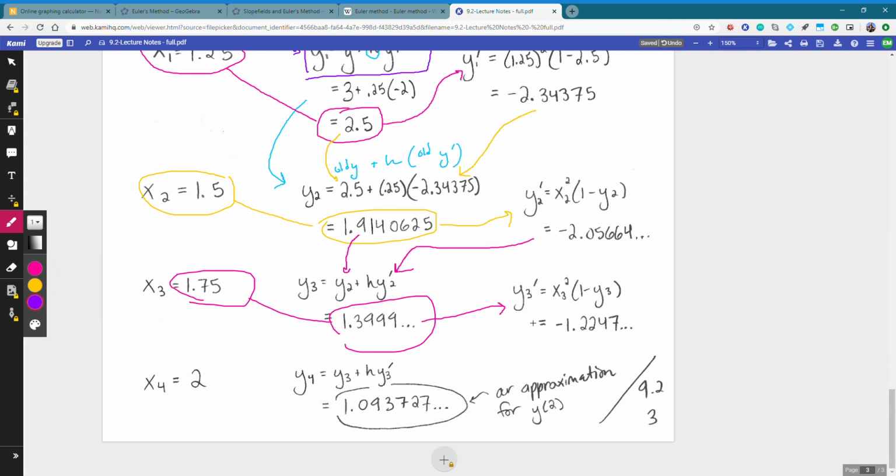And then finally, we can feed that into our Euler's method formula to get our y value, y4. And notice this is the y value that's over top of x equals 2. And so this right here, 1.09-ish, that's our approximation for the value of our solution curve y at x equals 2.